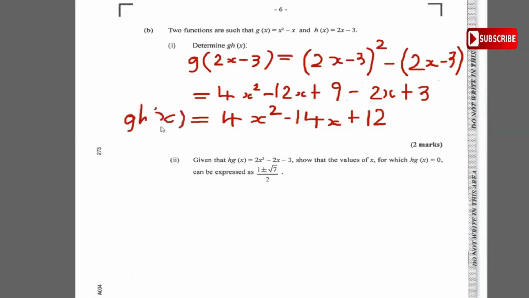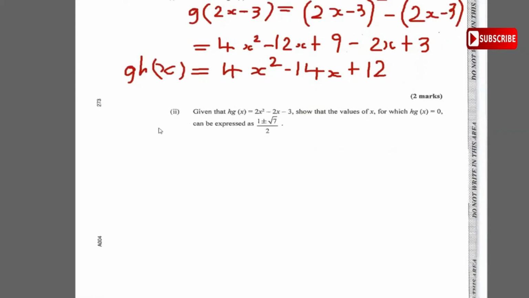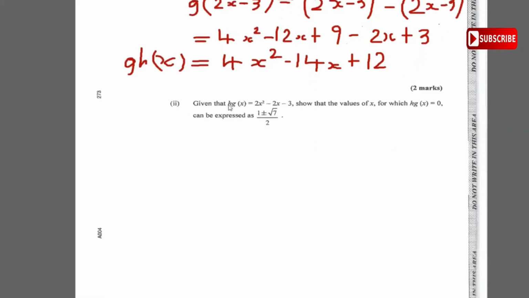Now part 2 is asking us, it says, given that hg of x is equal to 2x squared minus 2x minus 3, show that the values of x for which hg of x equals 0 can be expressed as 1 plus or minus the square root of 7 over 2. Now, it already gives you hg of x, all right? It says hg of x is 2x squared minus 2x minus 3.